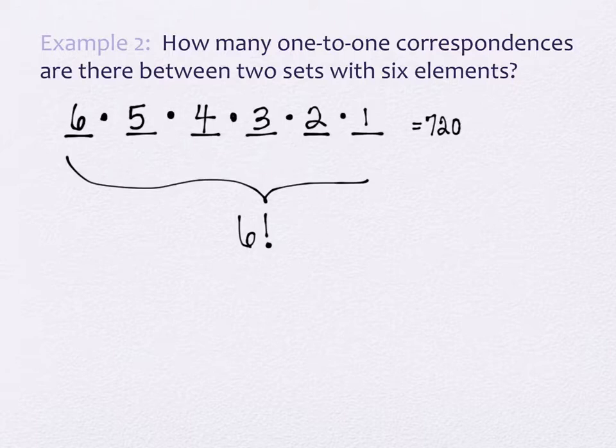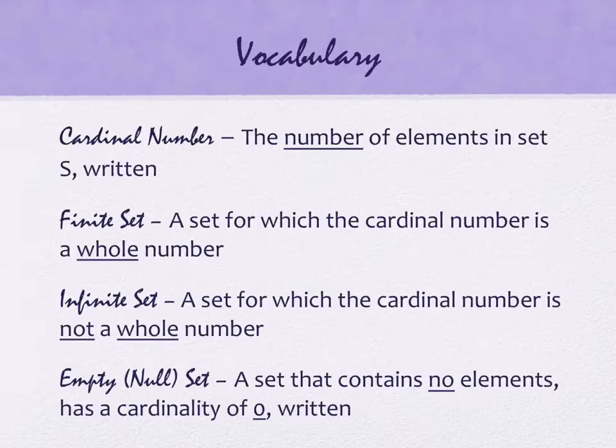All right. A little bit more notation because we don't have enough, right? More vocabulary. Cardinal number. Cardinal number simply means the number of elements in the set S, and it's written as n(S). N meaning number.